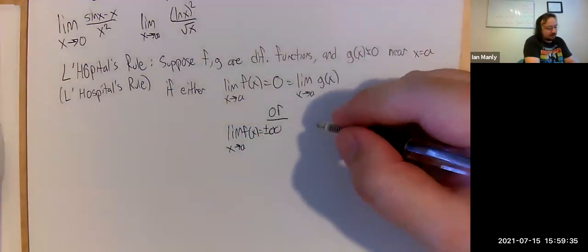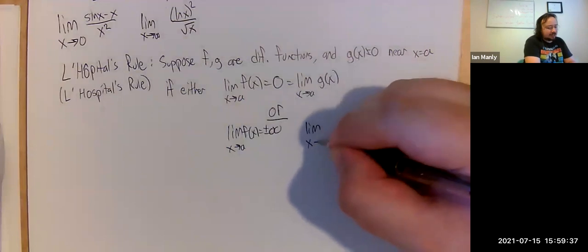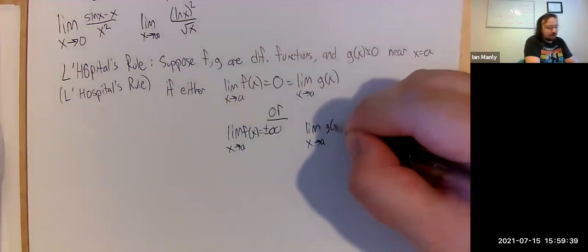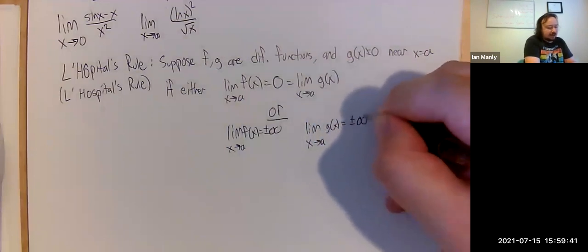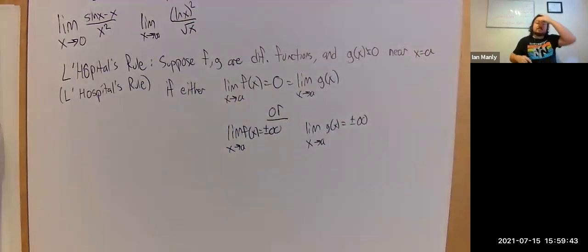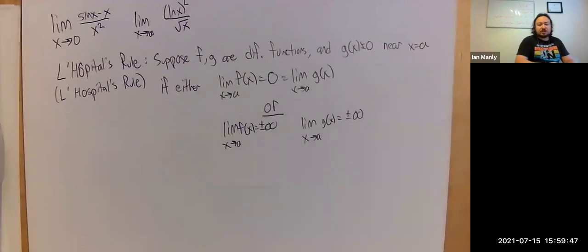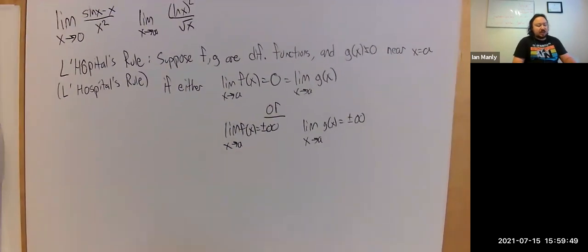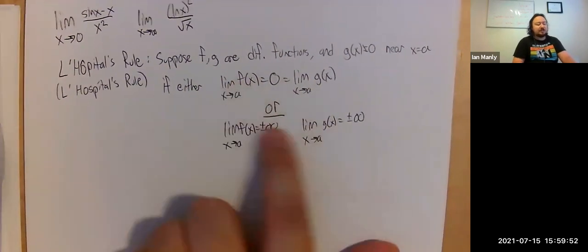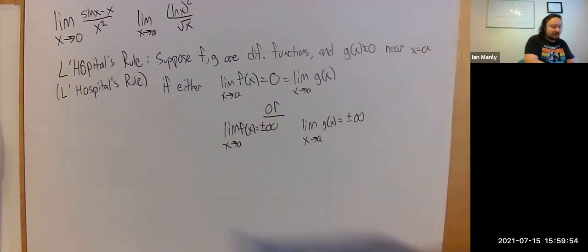And it could be positive or negative infinity, and it doesn't have to be the same one for f and g. So f could go to positive infinity, g can go to negative infinity. It doesn't really matter. Now, if one of these two scenarios is true, and we can't mix and match them, they both have to be 0 or both going to infinity.